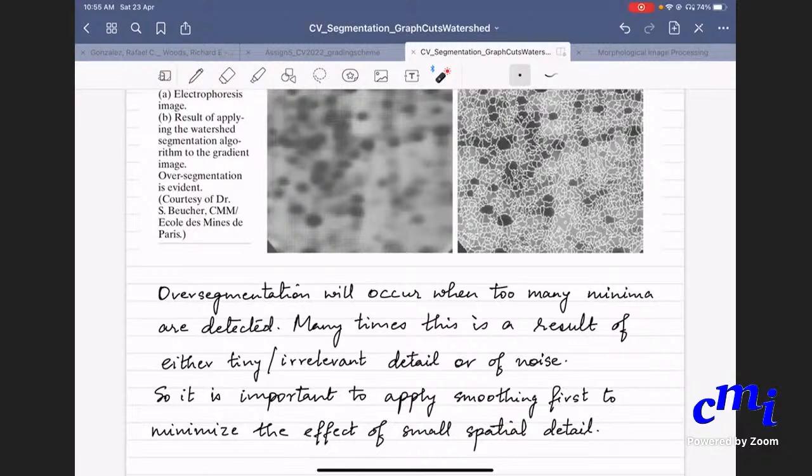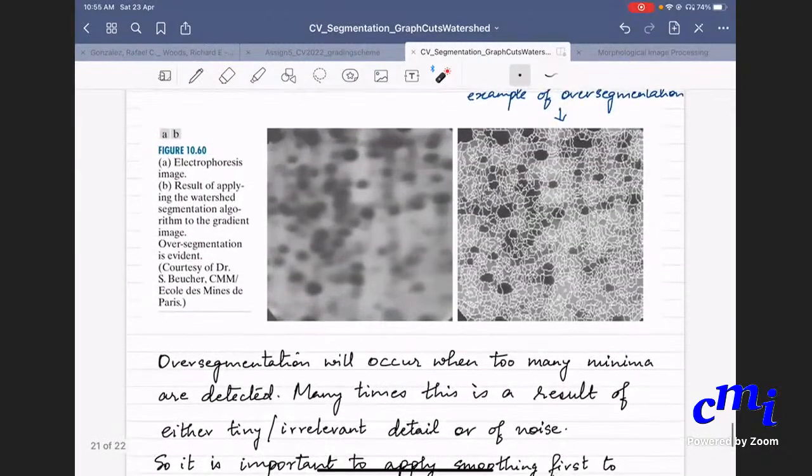That condition can be based on any feature of the image: intensity, of course, but also statistical information or color information. In the beginning, you provide this extra information about where to look for the minima, or which minima should be chosen, rather than letting the algorithm choose the minima on its own, in which case it is likely to choose many of those noise or irrelevant detail points.